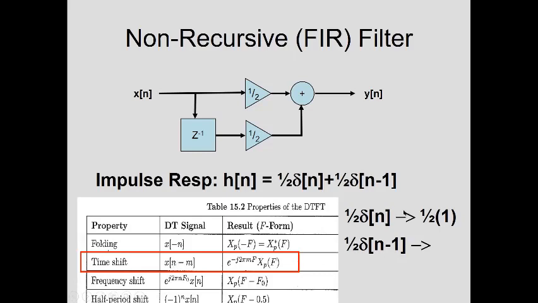Since I know the discrete time Fourier transform of delta sub n is 1, the transform of delta of n minus 1 is 1 times e to the minus j 2 pi 1 f, because our delay is 1.